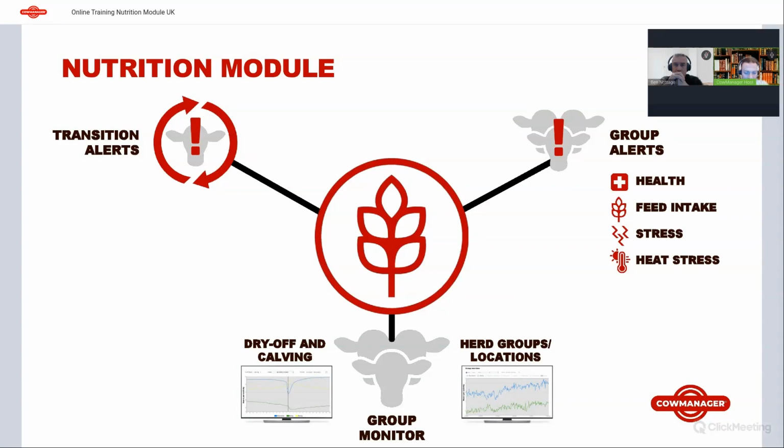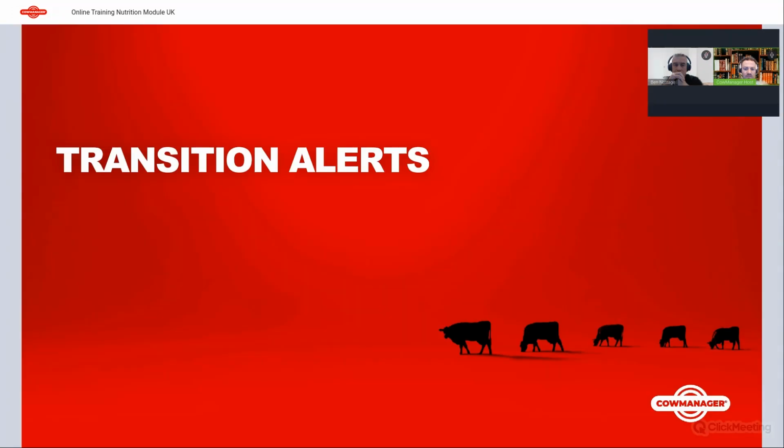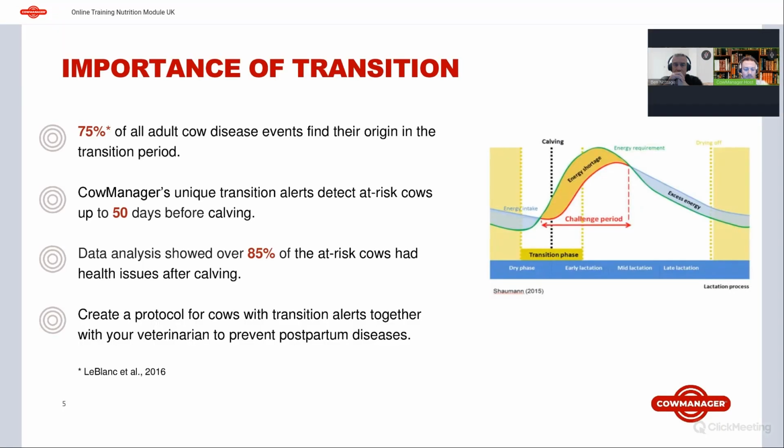And why is that? And why did we create these transition alerts? That's actually because since the 1970s, we know that 75% of all cows that get sick, get sick in the first 30 days after calving. And quite recently, last year, a new paper was published and they show the same results.